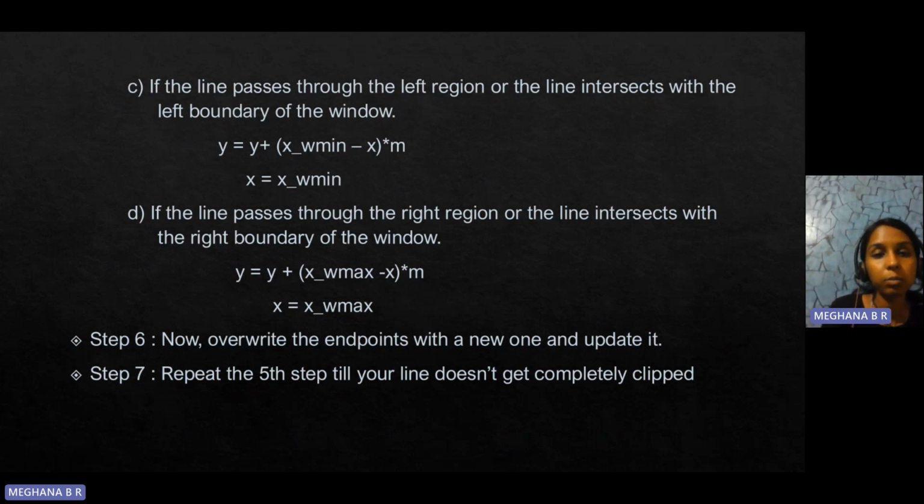After we find the points, we move to the next step, that is to override the endpoints with the new ones and update them. And the last step is to repeat step 5 till your line gets completely clipped. So this is the algorithm.